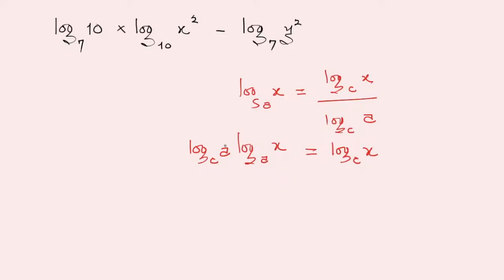If you look at this, if you take out this, what you have left is log to the base c of x, which is what you have on this side. So if you have this kind of expression where you have log to another base of a multiplied by log to a base a as well, then this can cancel out this for you to be left with this and this. So that's an example of what we have here. And I hope that is clear actually.